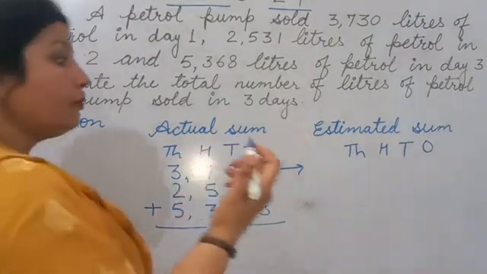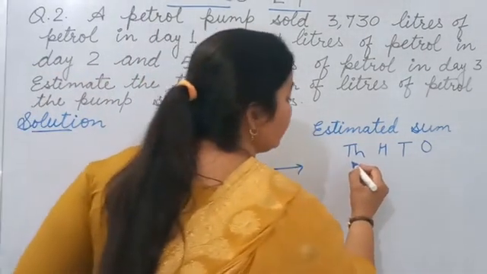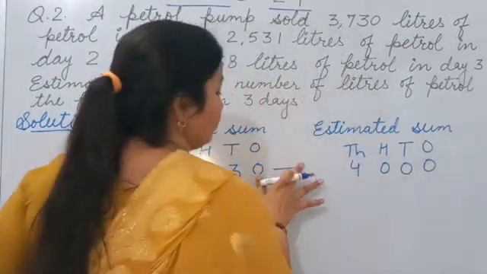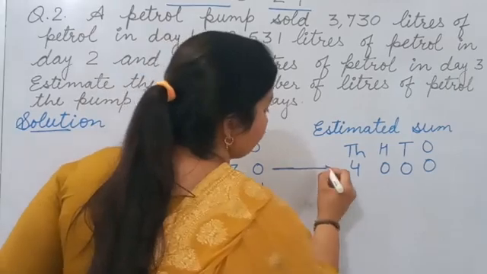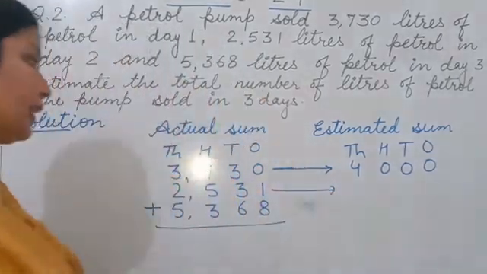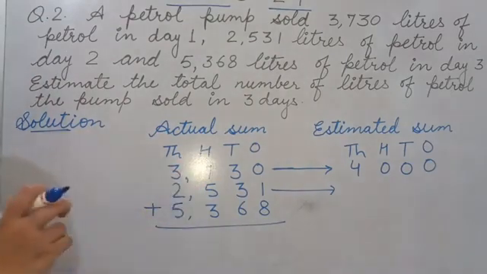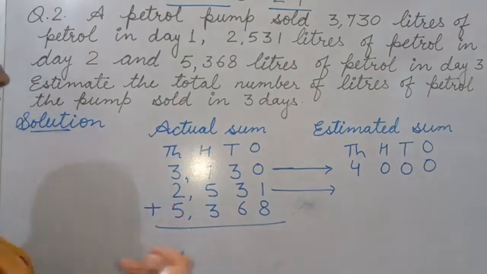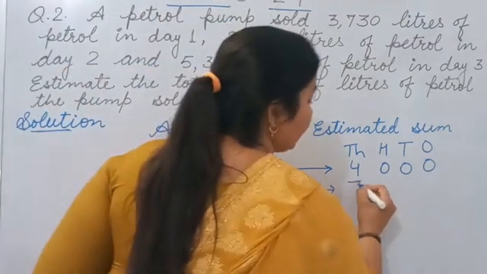So 3 will become 4, so 4,000. Next, again we check the hundreds column. It is 5, and 5 equals 5, so we should increase the thousands column again. 2 plus 1 is 3, so it becomes 3,000.